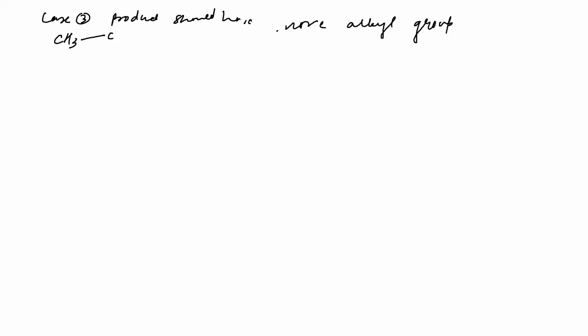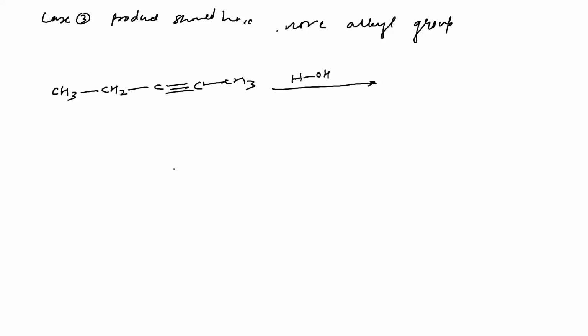So what we can do here is take some other reactant, CH3CH2-C triple bond C-CH3. In this case, you can add the water molecule, so two conditions are going to be obtained.